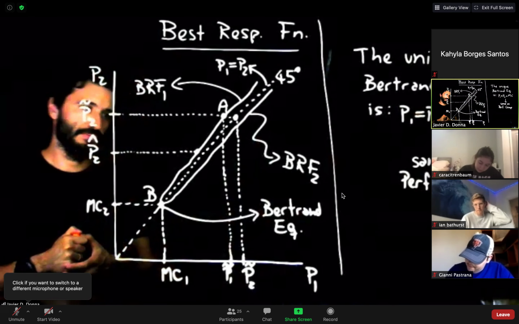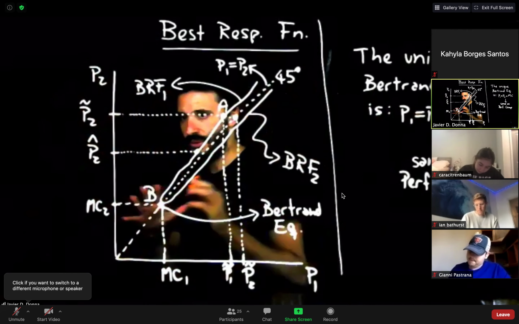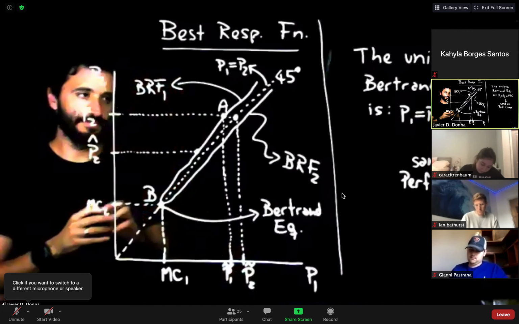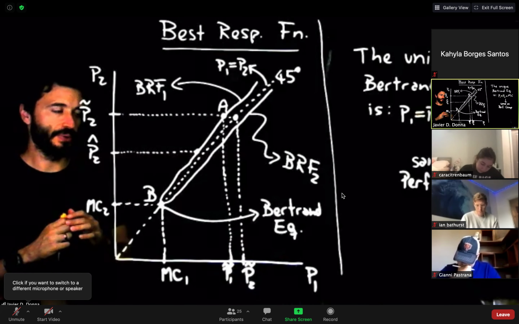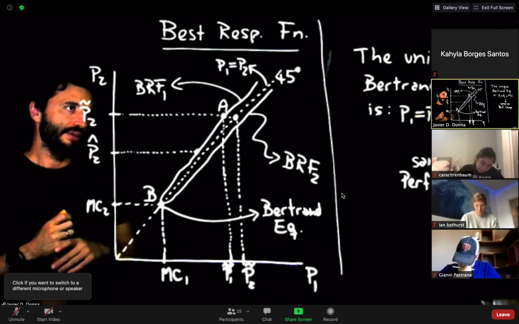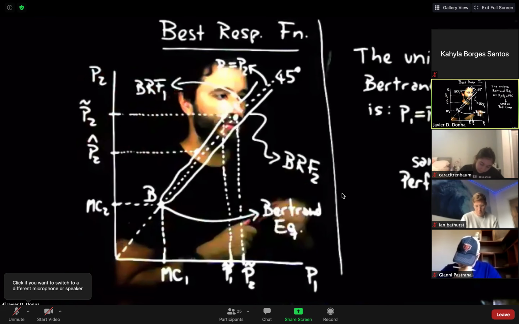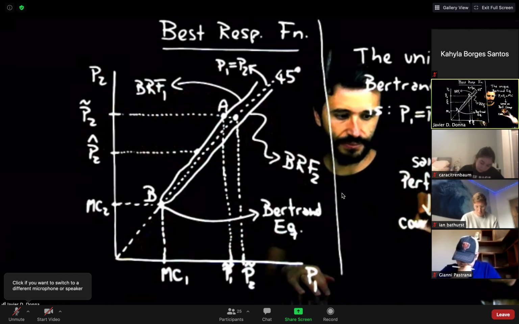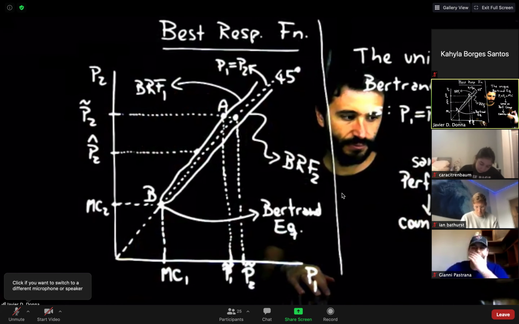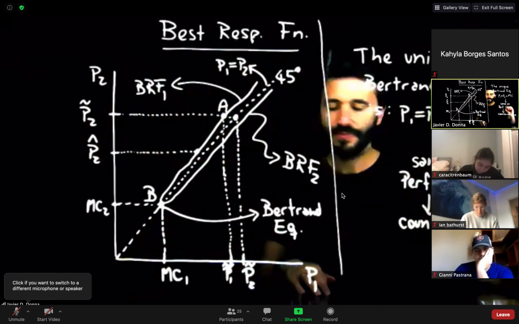Alright, and now I'm moving to the second part of the second topic, that is the comparison between the Bertrand and the Cournot model that we analyzed in the previous class. So this is very counterintuitive. Why?